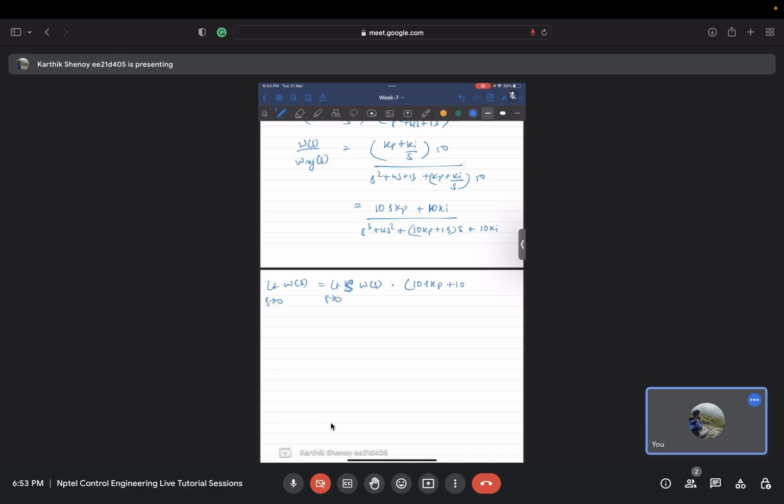That is nothing but 60 by s, so that will get cancelled. Finally it will be equal to 60, which is what we wanted. So error will be equal to 0.